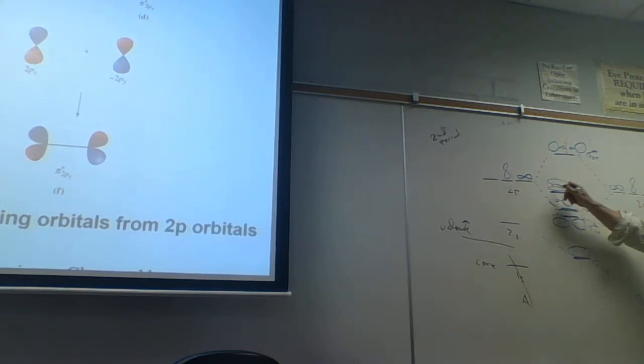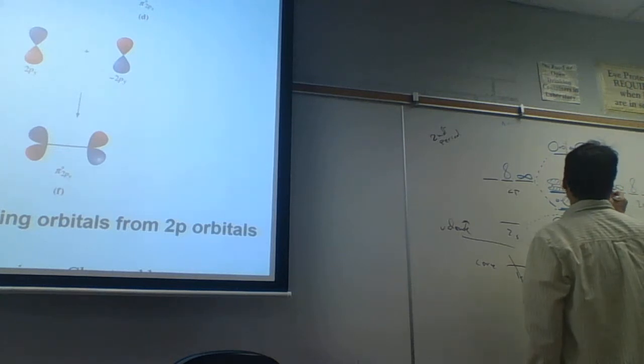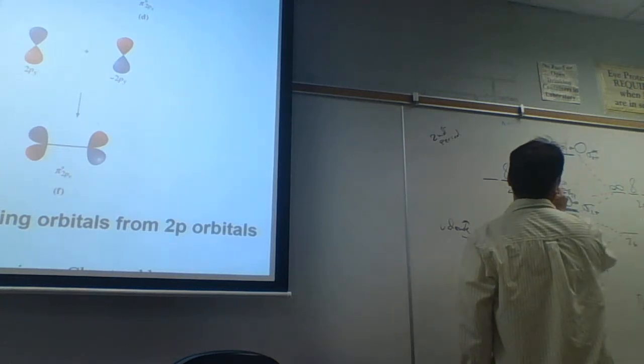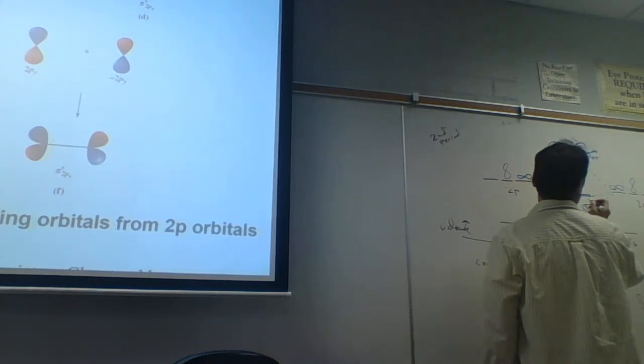It's a pi 2p because if I look at the internuclear axis, the electron density is outside the internuclear axis here, whereas if I look at the internuclear axis here, the electron density is within the internuclear axis. And so this is a sigma, this would be a pi. Okay, this is not to be confused with sigma and pi bonds in valence bond theory. These are sigma and pi orbitals in MO theory.